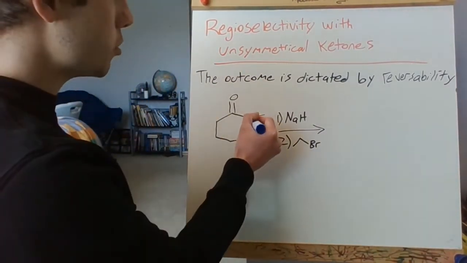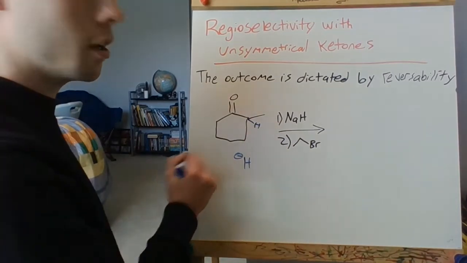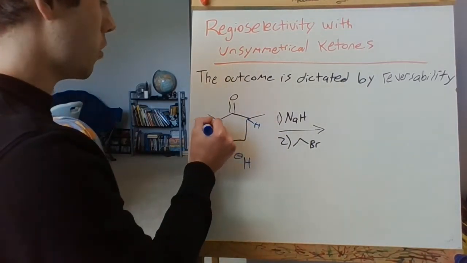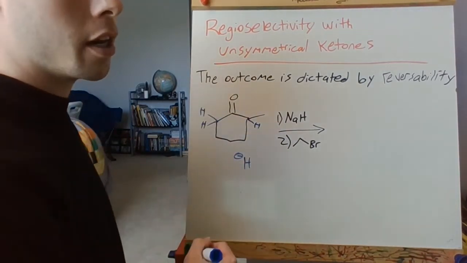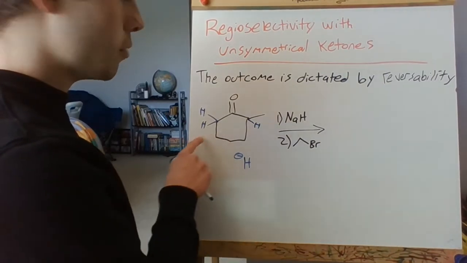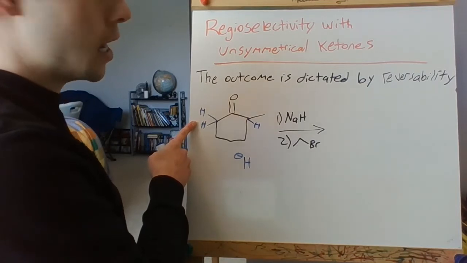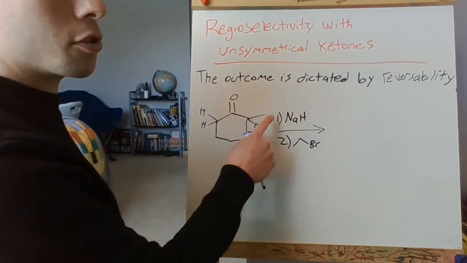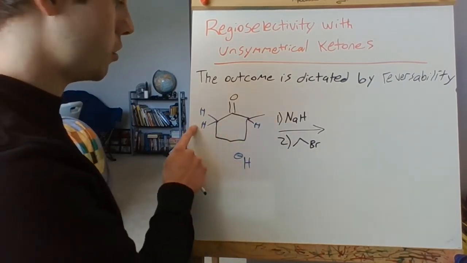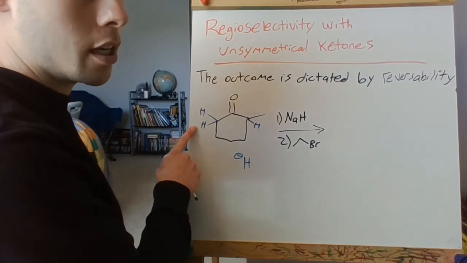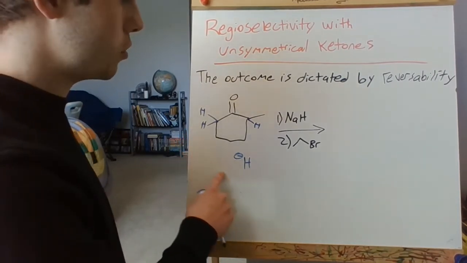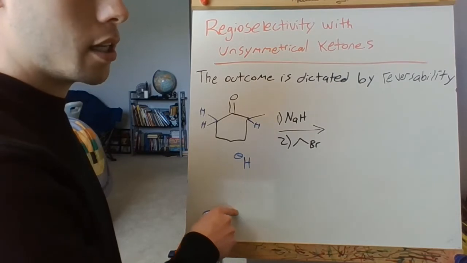And we have the option of pulling off this hydrogen here, or the option of pulling off one of these hydrogens over here. Imagine the probability is higher for it pulling off one over here. And in addition, there's no steric hindrance from this methyl group for the hydride to access this point. And so this is going to happen the fastest.